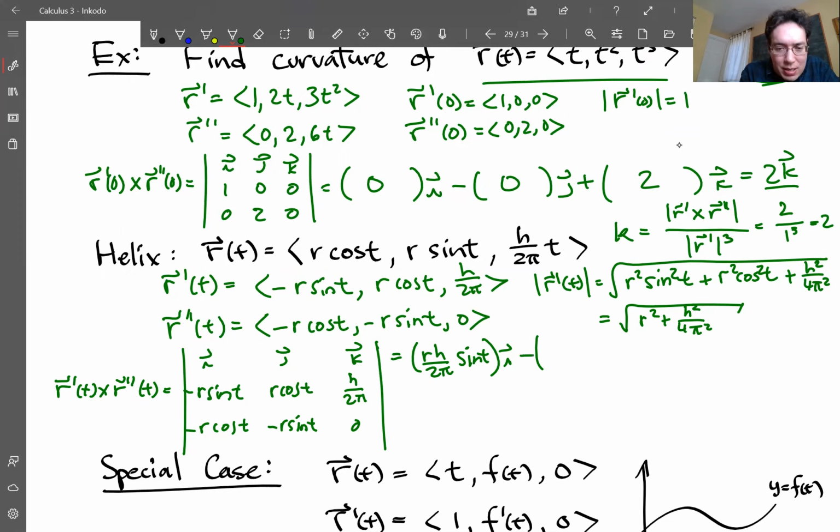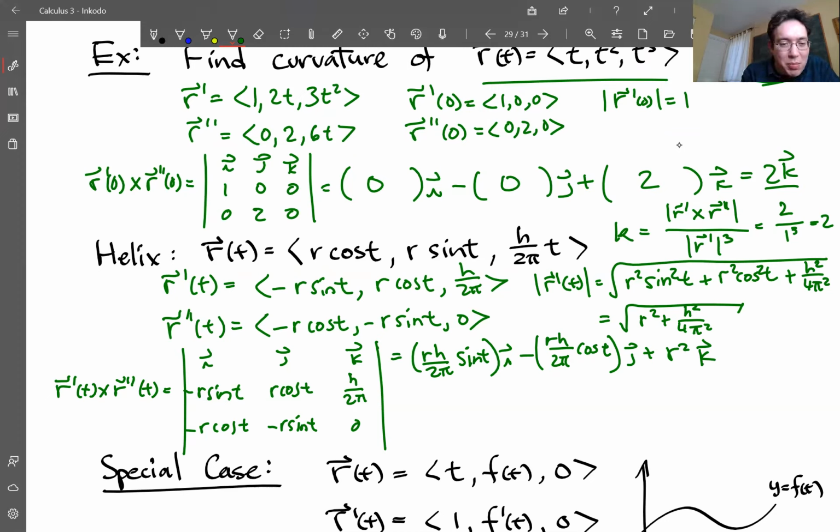So that's RH over 2 pi cosine t. For the kth component, we'll get r squared sine squared plus r squared cosine squared. So they turn out to be just r squared. All right.